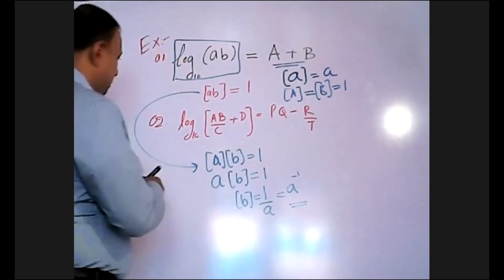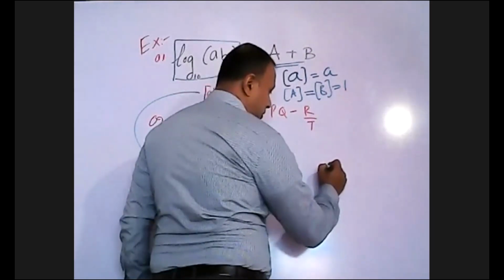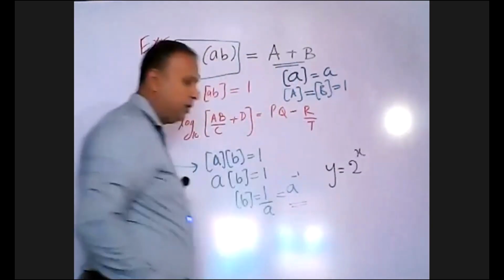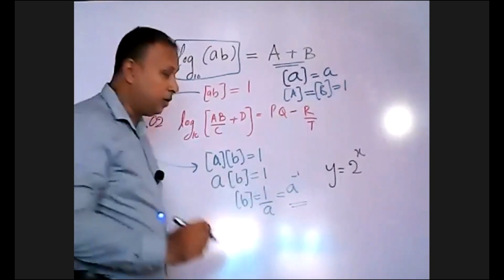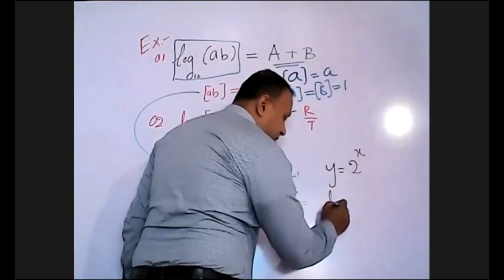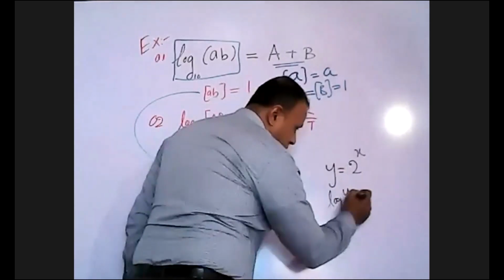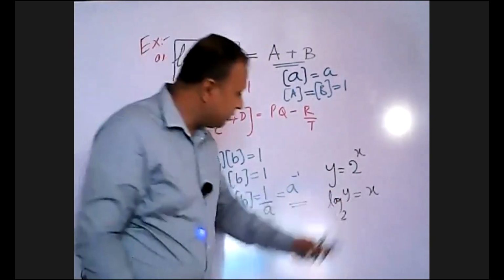Again, y is equal to 2 to the power x. If y is equal to 2 to the power x, I can write this one as a logarithm function. Log 2 of y is equal to x.